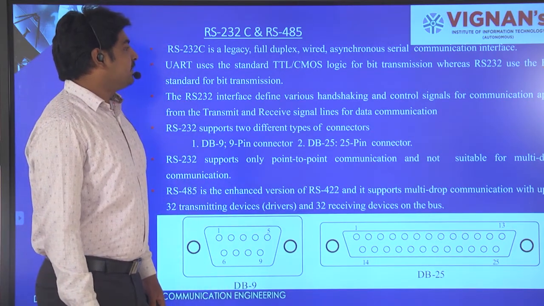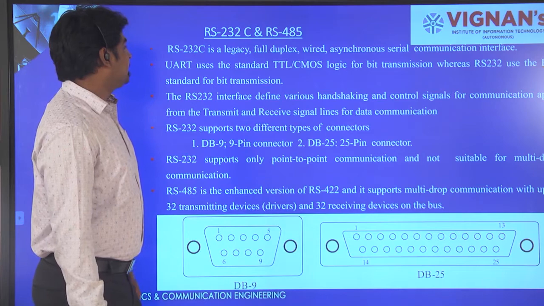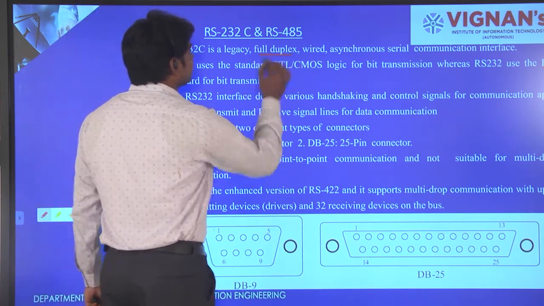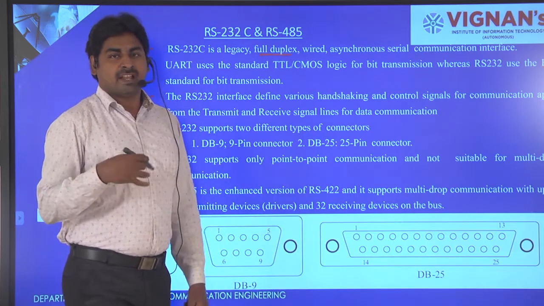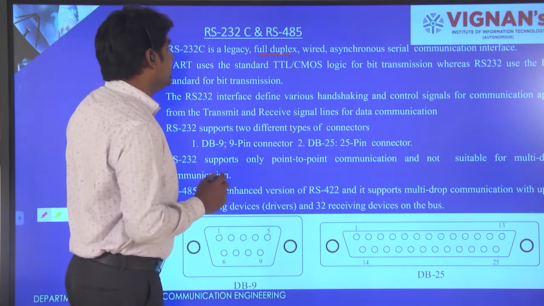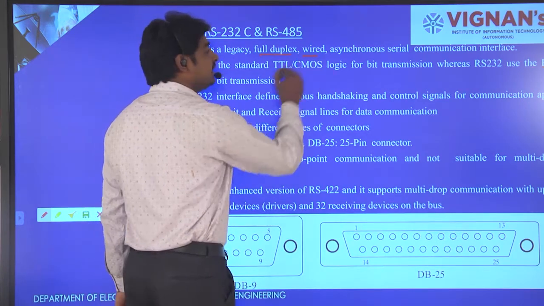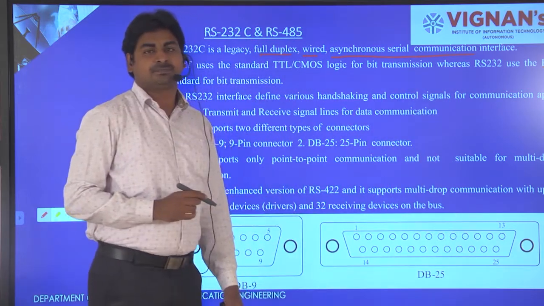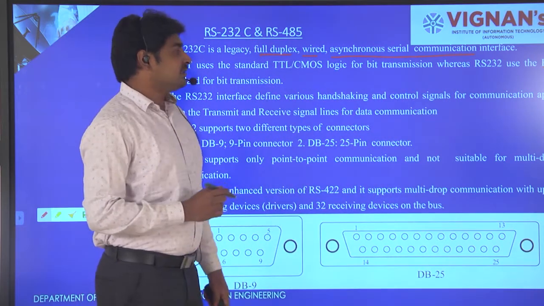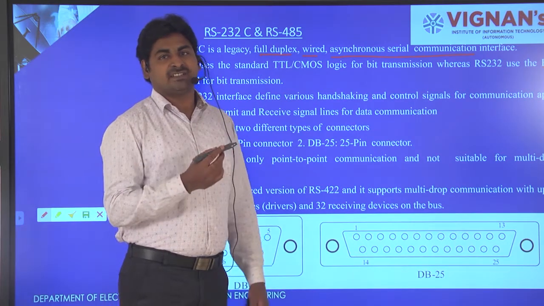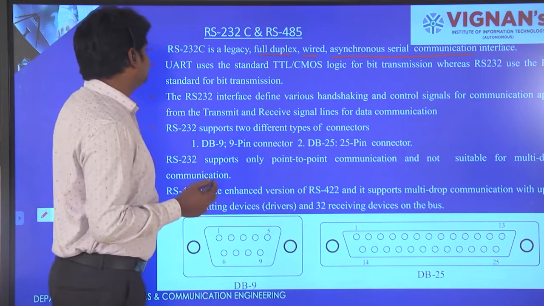This RS-232 is full duplex, which means it can transfer as well as receive the data simultaneously. Therefore it is called full duplex, and it is wired, and it is an asynchronous serial communication interface. It is asynchronous because there is no clock here to maintain the synchronization between the data.